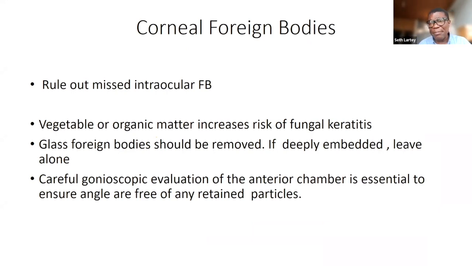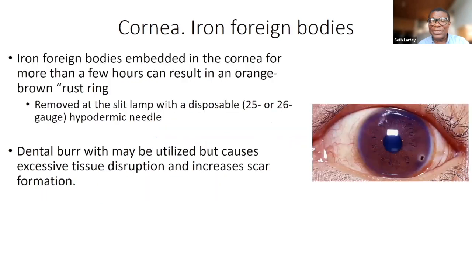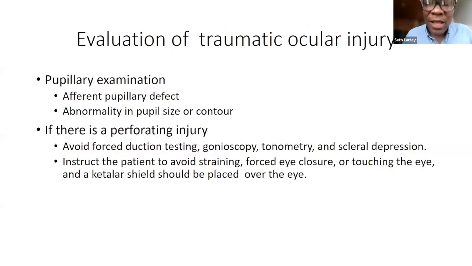Careful gonioscopy may be important to rule out foreign bodies in the angles. An iron foreign body for 24 hours on the cornea will form a rust ring, which you can easily remove with a hypodermic needle. Some people use a dental burr to remove it, but that causes excessive tissue destruction and increases scar formation.